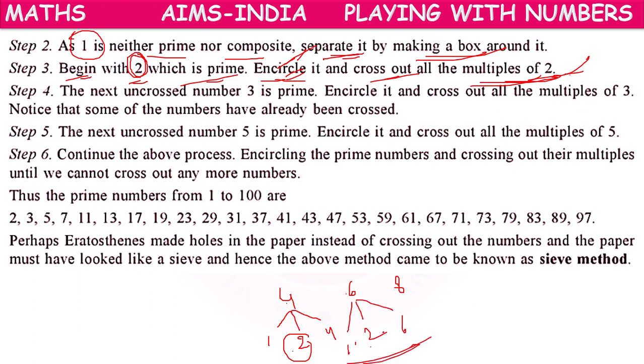So they will have more than 2 factors. All the multiples of 2 will have at least 3 factors: 1, the number itself, and 2. That's why we have to cross them out. All the multiples of 2 except 2 will not be prime numbers.